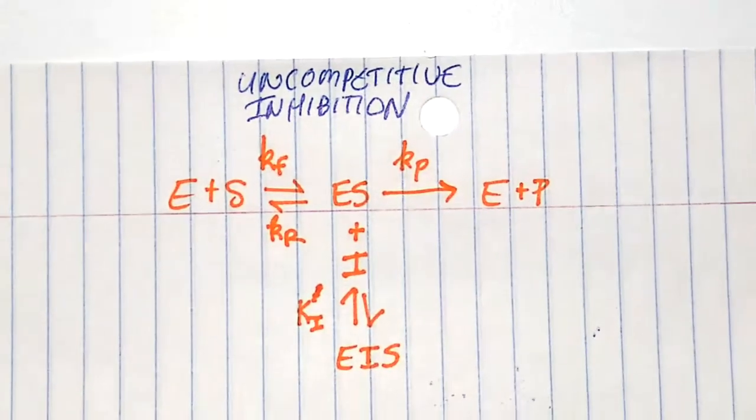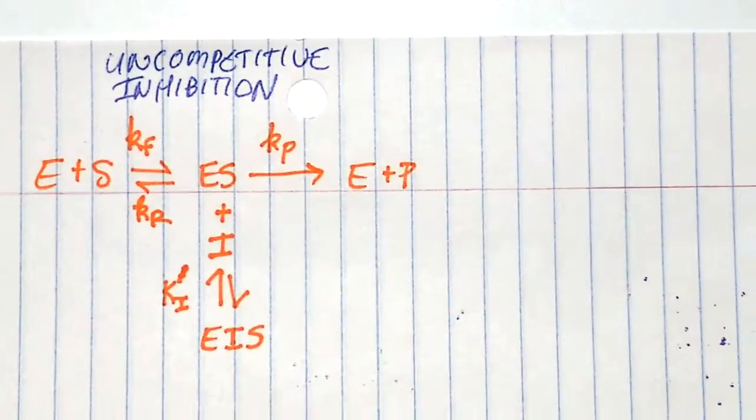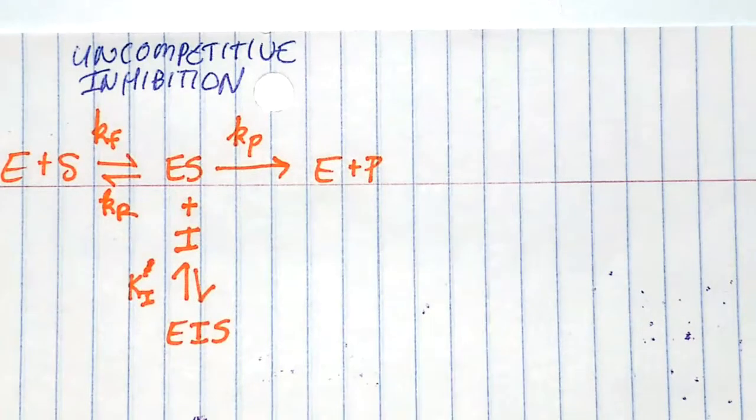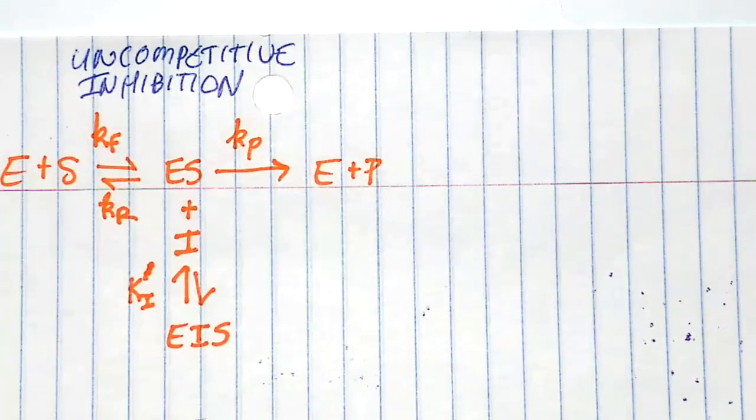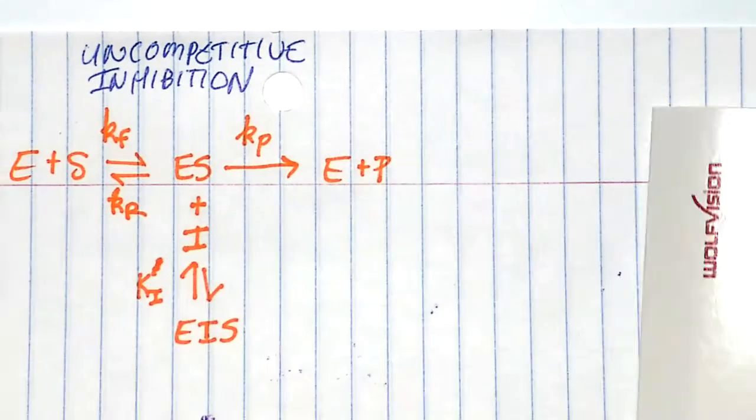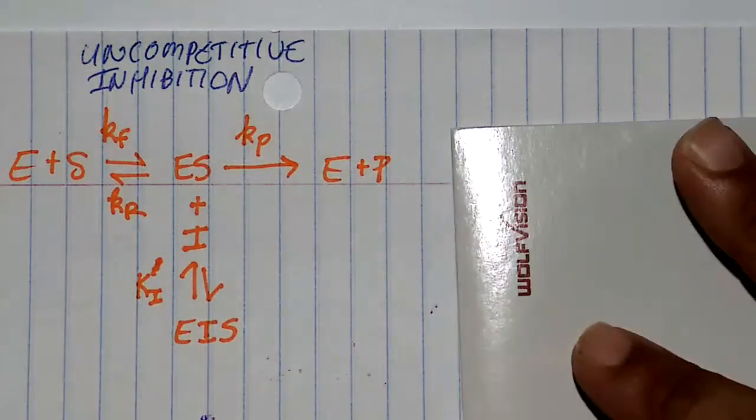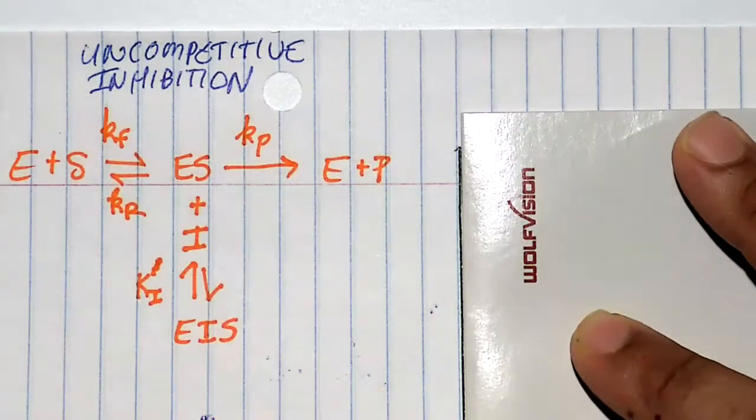So what does this look like in a Lineweaver-Burk plot? Okay, so the double reciprocal plot is what we will do one more time. This is for uncompetitive inhibition.